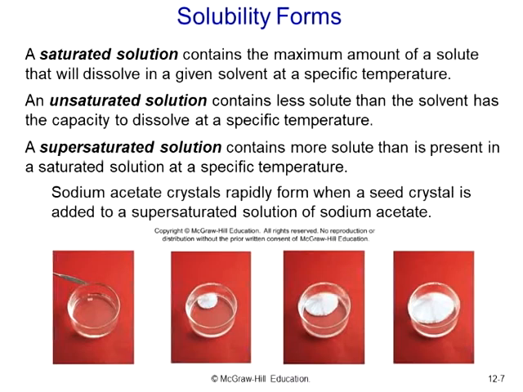And then there's a term called supersaturated solution. A supersaturated solution contains more solute than is present in a saturated solution at a specific temperature. In other words, you've gone overboard. You've added more than the solvent really wants, and it's called supersaturated. And sometimes solutions will be made supersaturated to ensure that the maximum amount of the solute is in the solution.